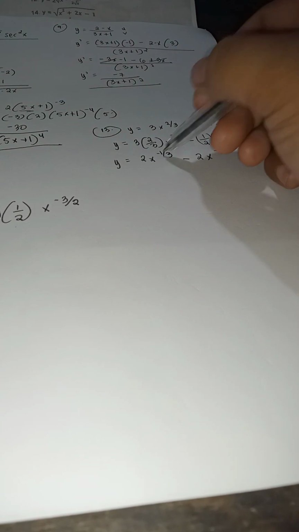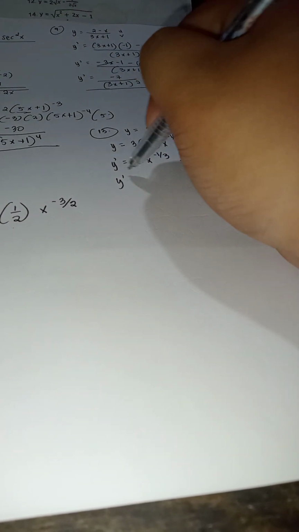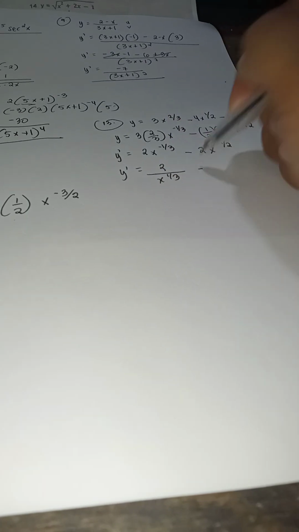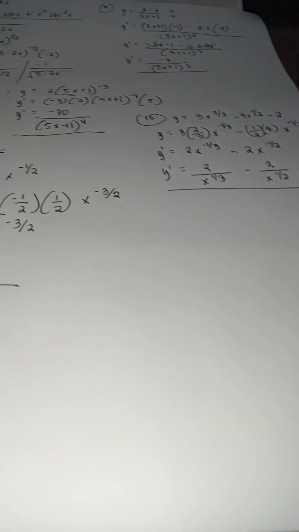Since this is already a whole number, we can make this negative exponent into positive. So y prime is equal to 2 over x to the 1/3 minus 2 over x to the 1/2. So this is our final answer.